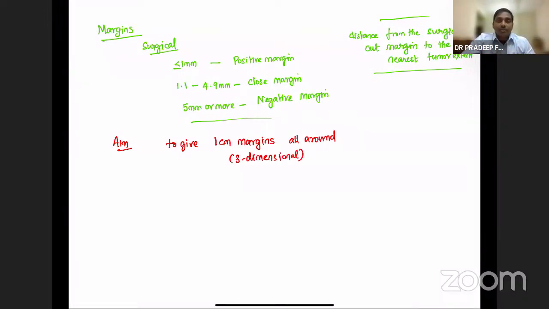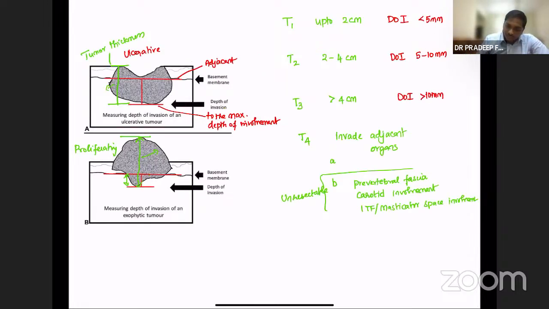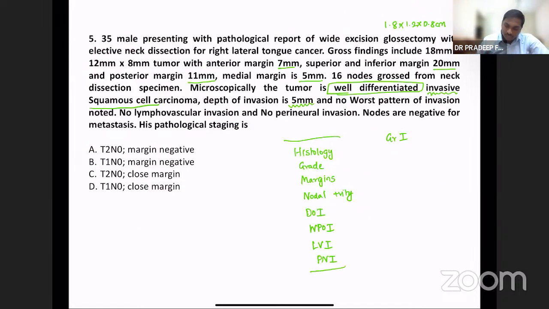Because once you put the specimen in formalin, with the primary contraction and the formalin-related contraction, there will be 30% shrinkage in the margins. Thereby, only if you give a 1 centimeter margin can you achieve a 5 millimeter margin, so that your margin will be negative. So with this idea, you answer this question.